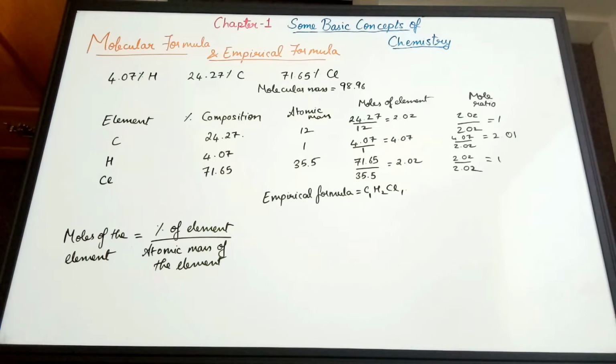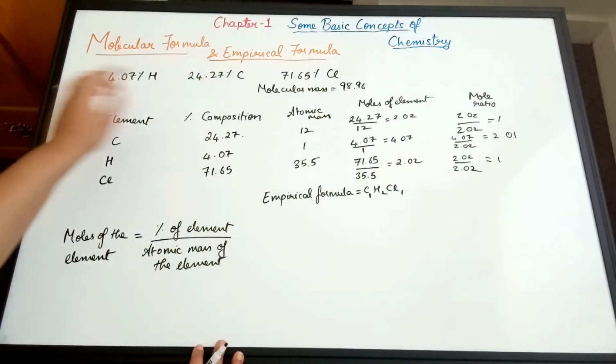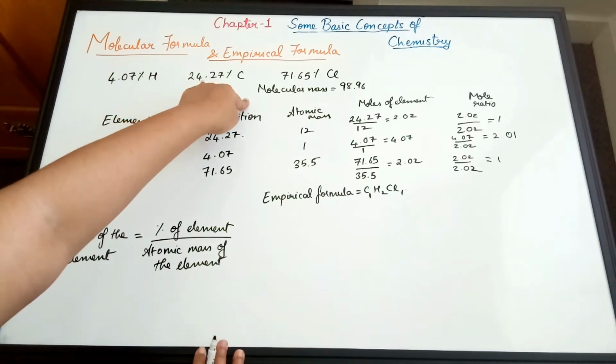Okay, so that's the fourth point: write the symbol with the respective numerical value of each element on its right. So this is how we are able to calculate the empirical formula from the percentage. Let's go over this once so that it will be clearer. First, we are given the percentage composition of 3 elements and the molecular mass of a particular compound.